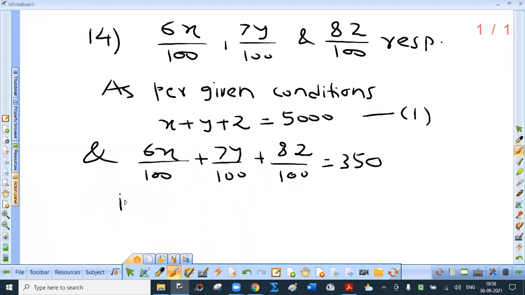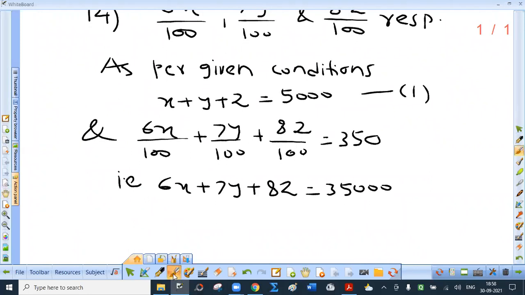That is, simplify this, 6x plus 7y plus 8z equal to 35,000. This is second equation.